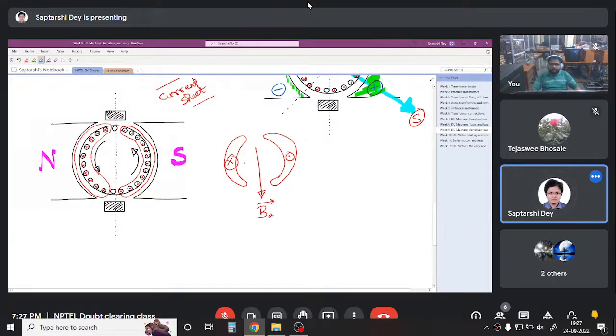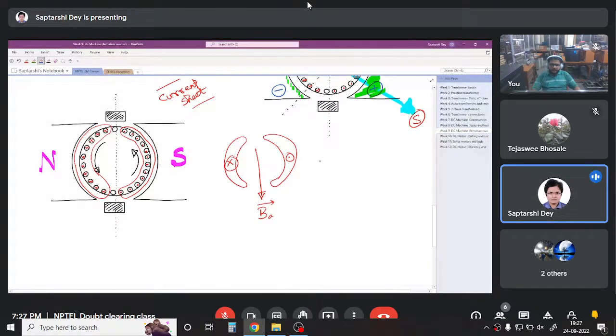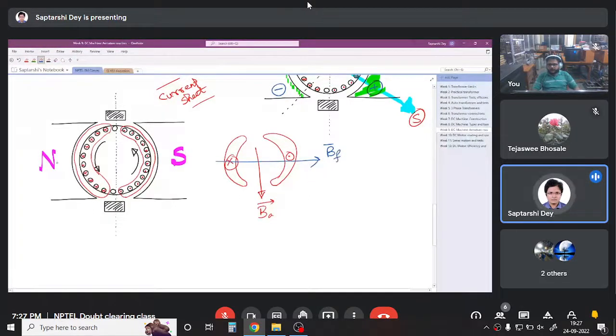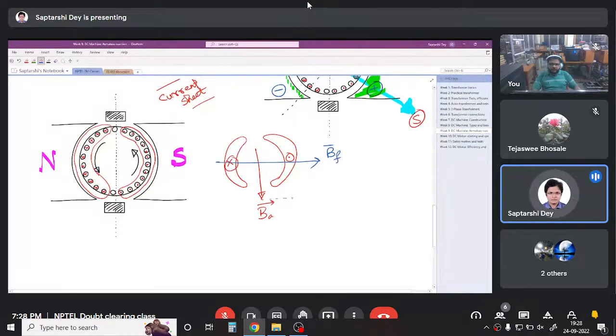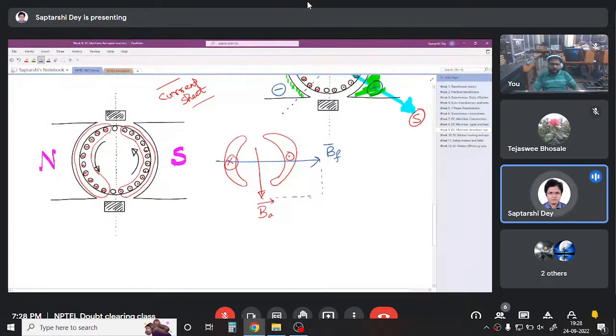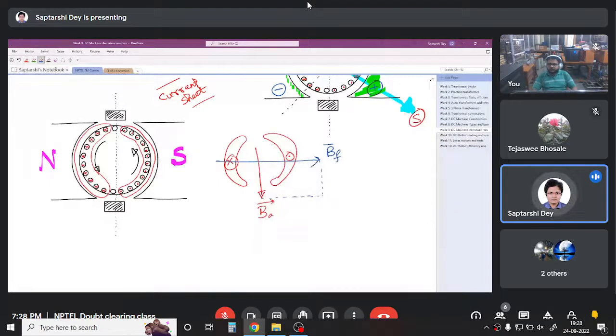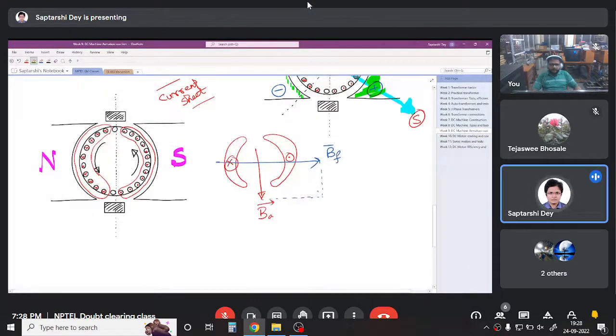And we saw that BF, the magnetic field due to the main field winding of the machine, was left to right when they are considered separately. Now, if we try to find the resultant of these two vectors acting at the same place, we can find it. So the resultant, let me draw it with some other color. The resultant is this.